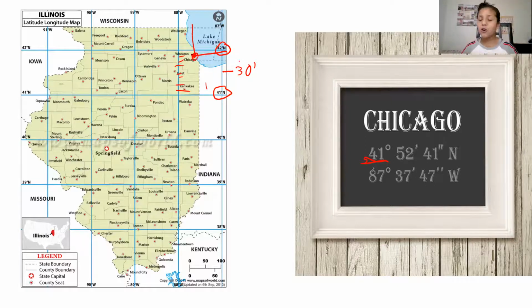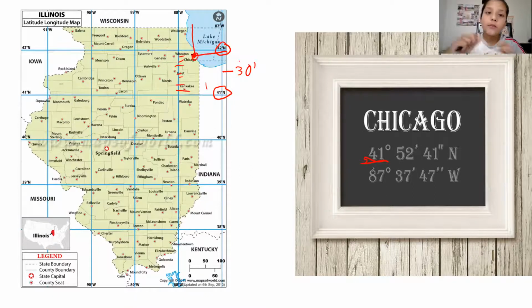But as we know, 1 minute equals 60 seconds. And 1 degree equals 60 minutes. So 60 minutes would equal 1 degree.